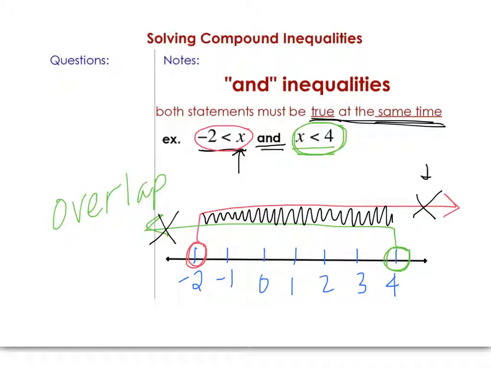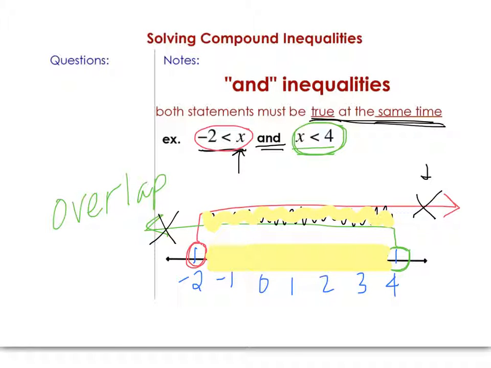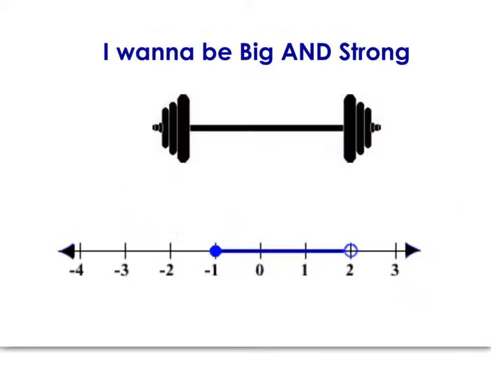This whole yellow part is where my answer is. It's everything in that overlap between where they're both true.